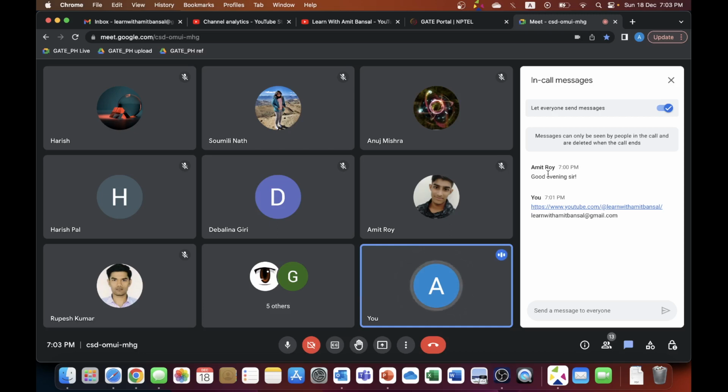So GATE every year conducts an exam usually in the first 2 weeks of February or last week of January, something like that. So NPTEL, which is a platform which records the videos of professors in IITs, IISERs, and so on, they upload their videos, but this time NPTEL thought that we should also help some students who have doubts, or want some concept clearing.